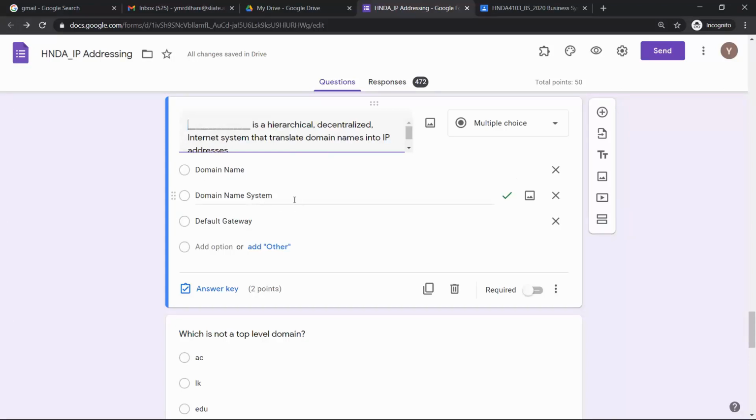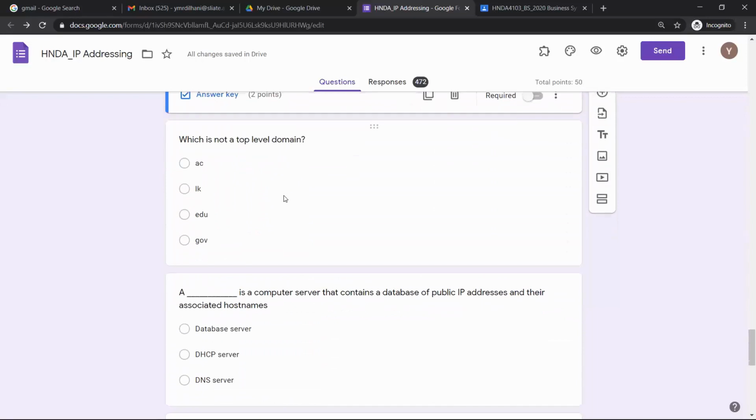The domain name system, which is simply called DNS, is the same as the domain name system. It will convert your domain name into IP addresses, because machines use IP addresses. Since we can't remember the IP addresses of each and every service, we remember the address of that website, right? We remember the domain name.